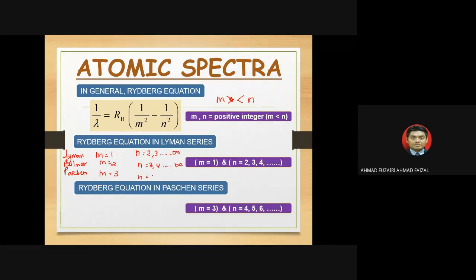And for Paschen, n starts at 4, 5, and in the end, infinity.